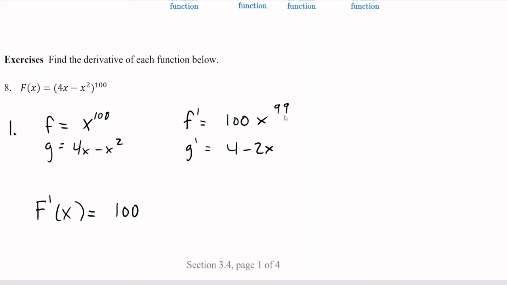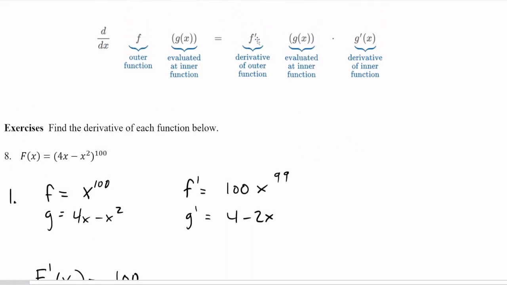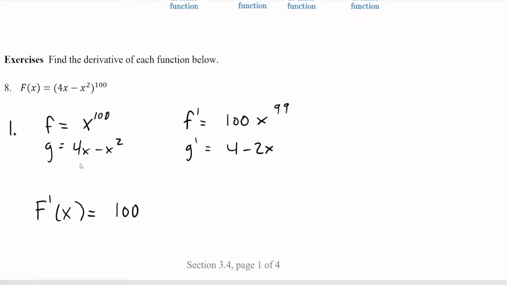Don't write x to the 99 because what's the formula? Go up just a little bit here. The formula says do f prime but plug g of x in. See this g of x here? You got to plug that in to the 99. So this gets plugged in for this x, times, now multiply by g prime. All done. That's your derivative.